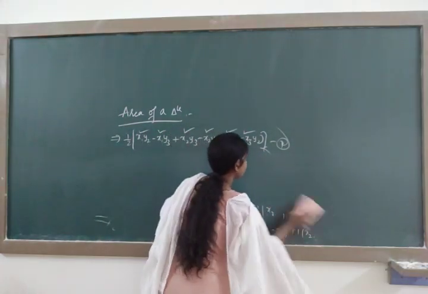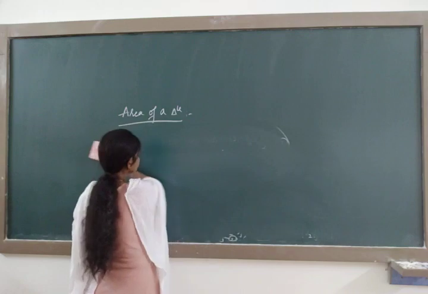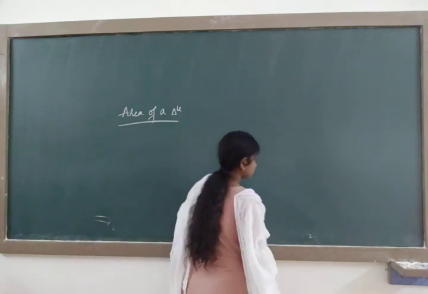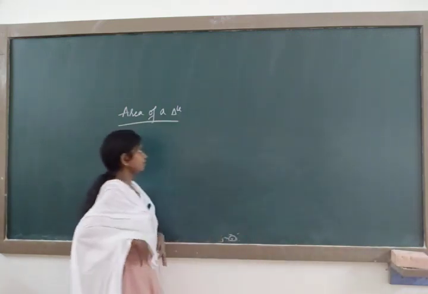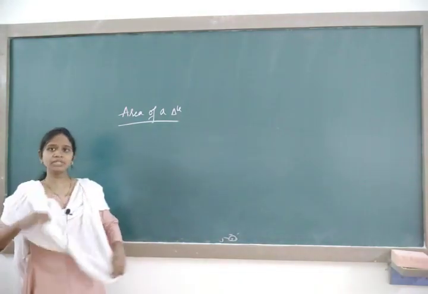So I will write the formula again. Now our heading will be area of triangle using determinant.